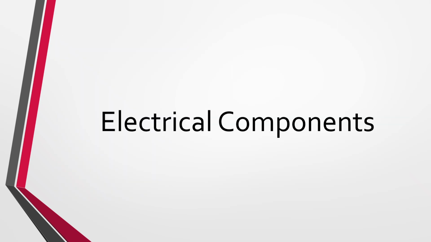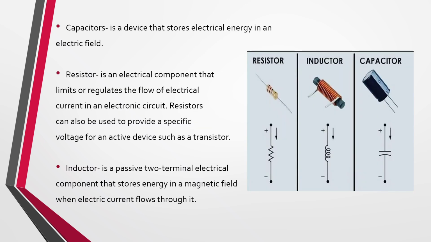We'll talk about some electrical components that will come up throughout this series. Capacitors: a device that stores electrical energy in an electric field. A resistor is an electrical component that limits or regulates the flow of electrical current in an electronic circuit.